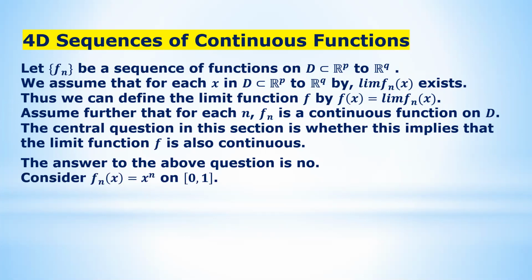Let's consider an example. Let Fn(x) equal x^n, defined on 0 to 1, a closed set. Now, does the function always converge at every point from 0 to 1?